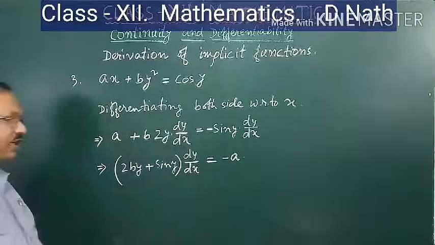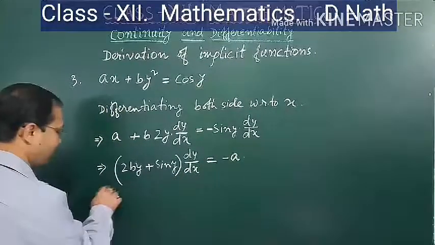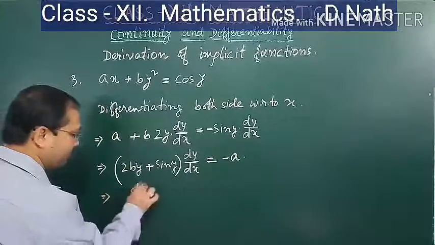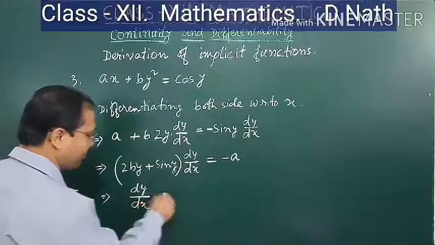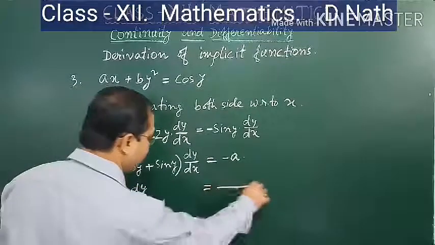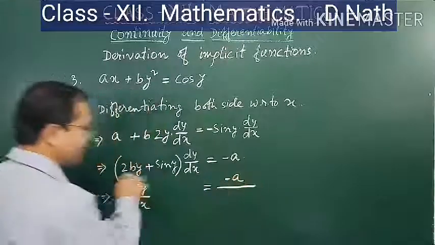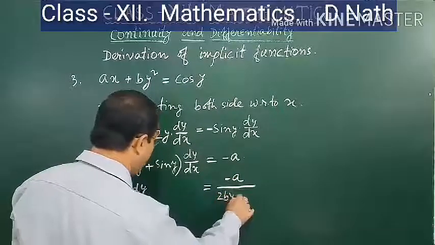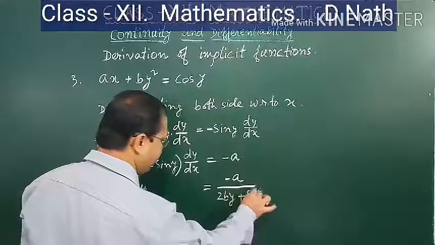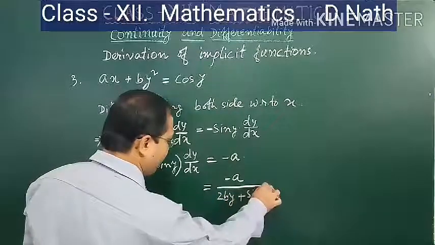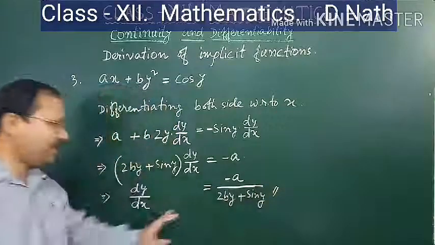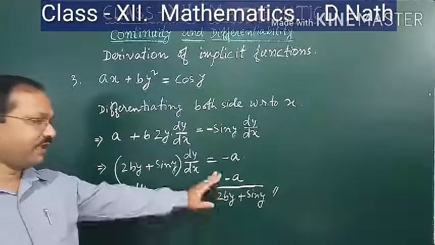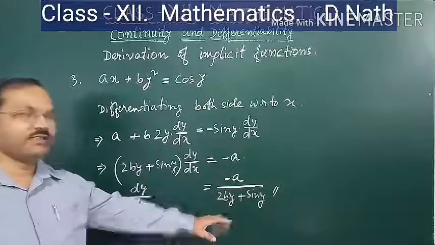Okay, now dy/dx we have to find, so dy/dx is equal to minus a by, this whole one will shift to the downside, so 2by plus sin y. So that will be the dy/dx, minus a by (2by plus sin y).